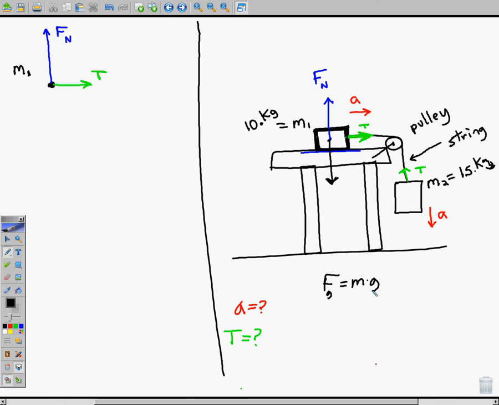And since this is M1, it's very common to label it M1G. M1 times G is just the weight force. That's the exact same thing as saying F sub G.